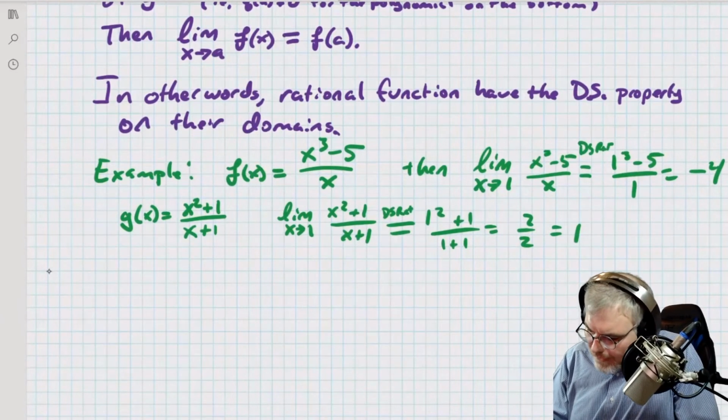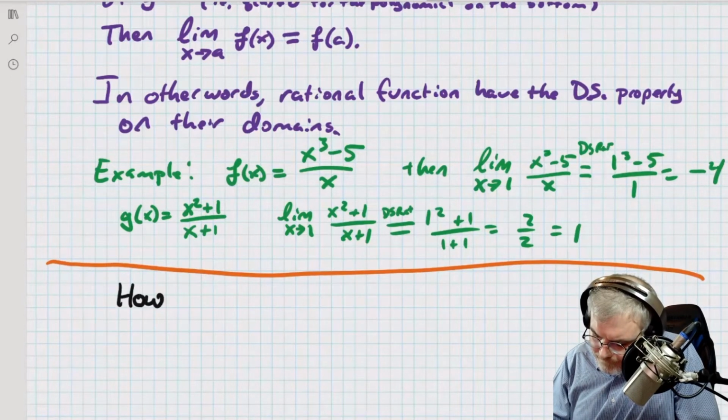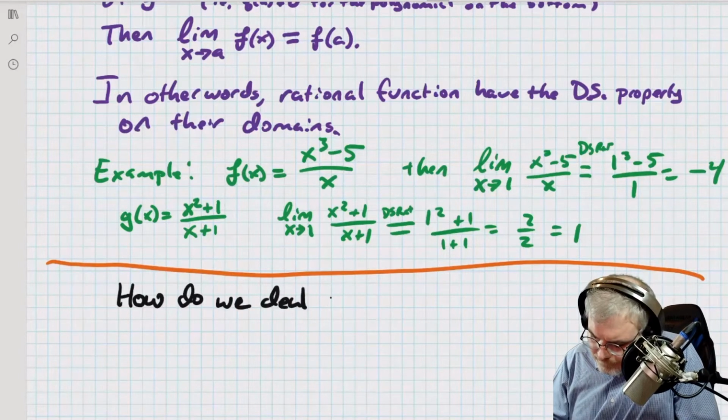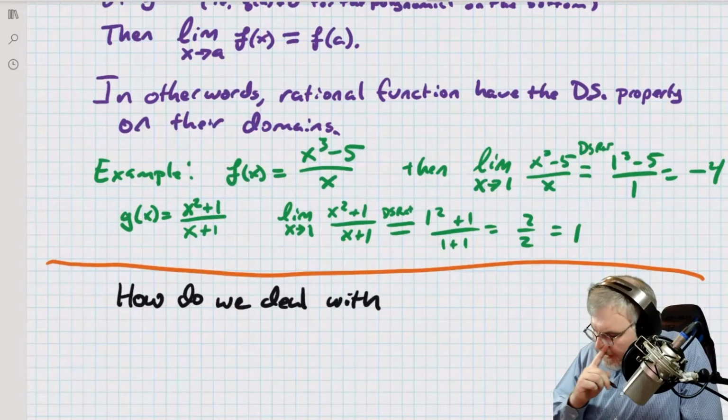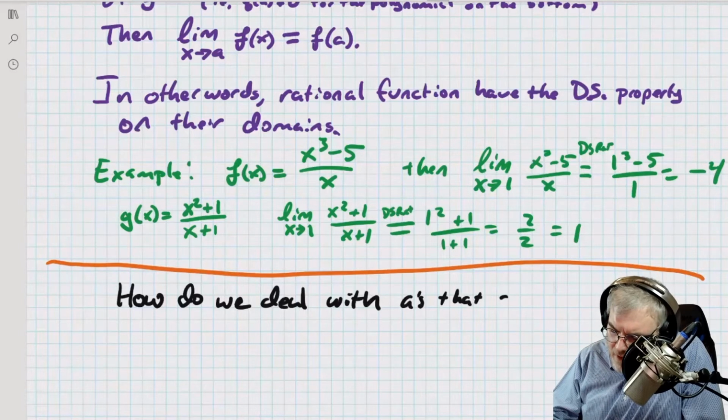All right. So the question is, how do we deal with a's that are outside the domain?